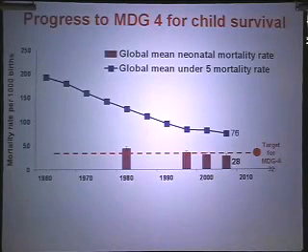If the MDG4 target is 32 as a global average, about 28 of that is currently neonatal mortality. So the point to drive home here is that without addressing newborn mortality, we can just as well forget about reaching the Millennium Development Goal for child survival, because this is the 800-pound gorilla in the room that you need to tackle if you are going to bring child mortality rates down.